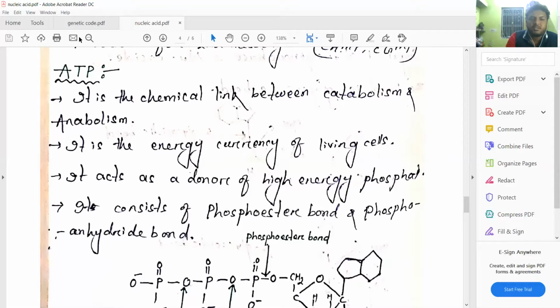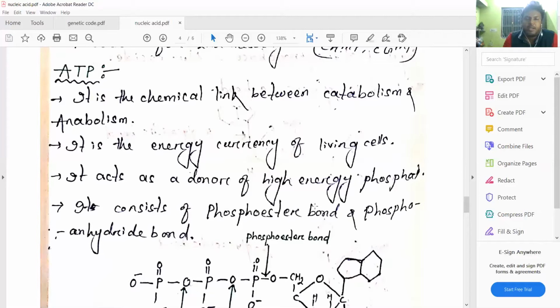For example, in glycolysis, from glucose to glucose 6-phosphate. The 6-phosphate means that at the 6 carbon of glucose, the phosphate group is there. That phosphate molecule came from your ATP. So the breakdown of ATP will produce inorganic phosphate. So it can donate high energy phosphate. So ATP is a high energy phosphate.